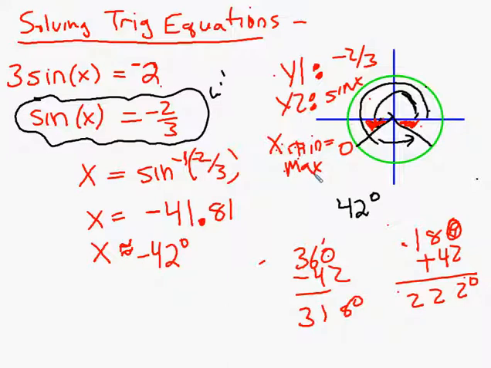X max will be 360, or maybe 370, so that we get some room. Y min is negative 3, and maybe the max is 3. But we did that last week, so I don't want to do too much on that. So you can graph it and check your answers that way.